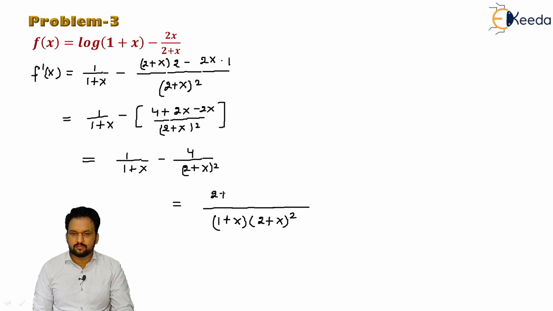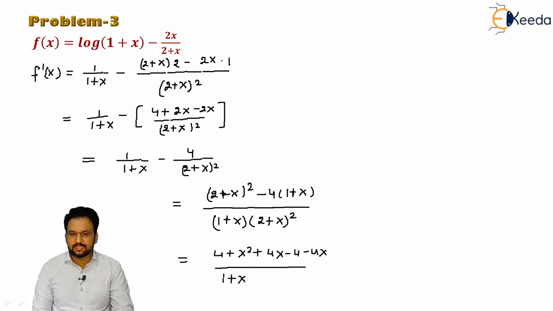It becomes 2 plus x whole square minus 4 into 1 plus x. Clear? A little bit more we can sort out, and we can open this square: you get 4 plus x square plus 4x minus 4 minus 4x, divided by 1 plus x into 2 plus x whole square.